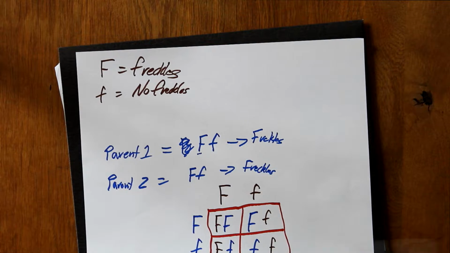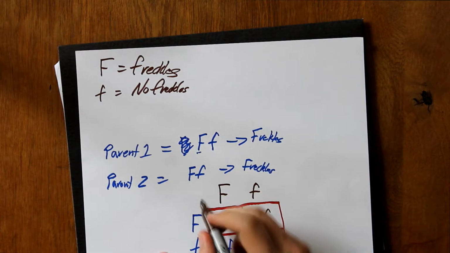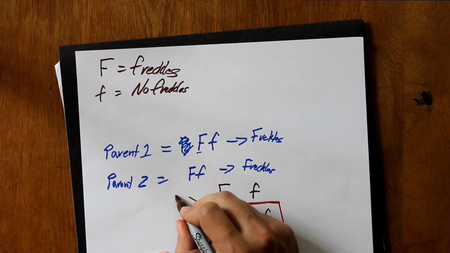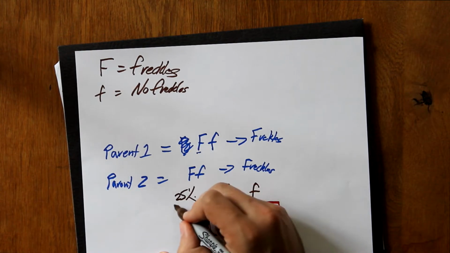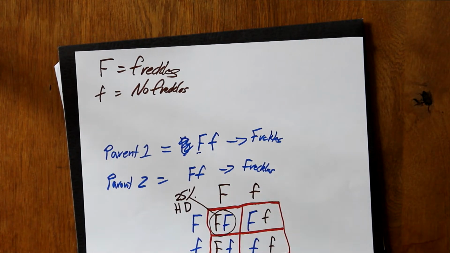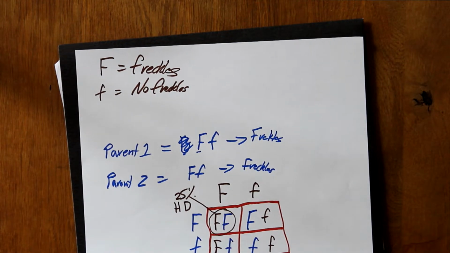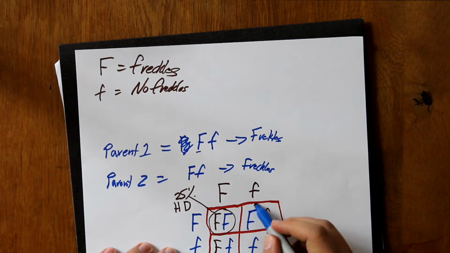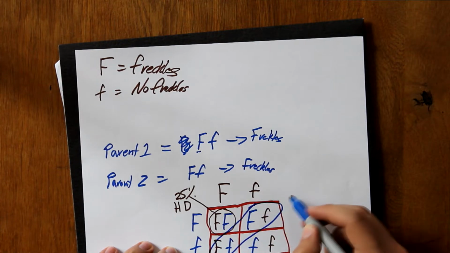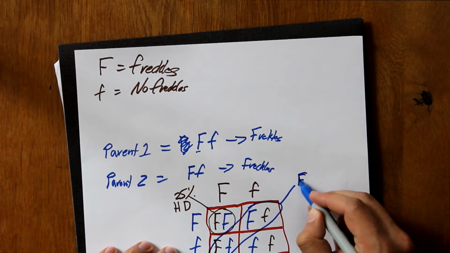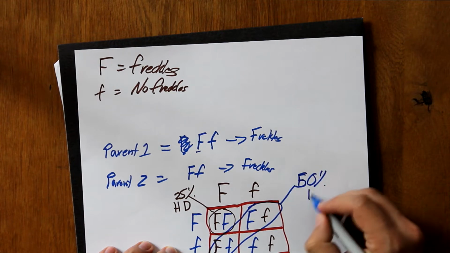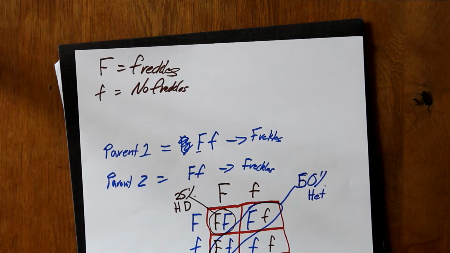So they have a 25% chance of producing a homozygous dominant child, a child that has big F, big F. They have a 50% chance of producing a heterozygous child, a big F, little f, just like they have, one of each.